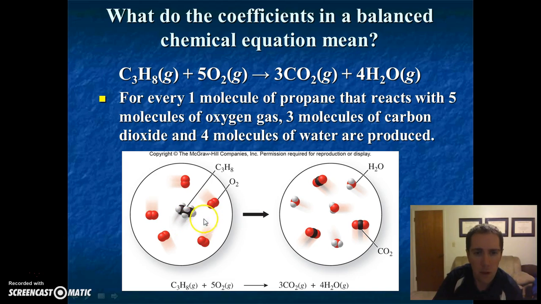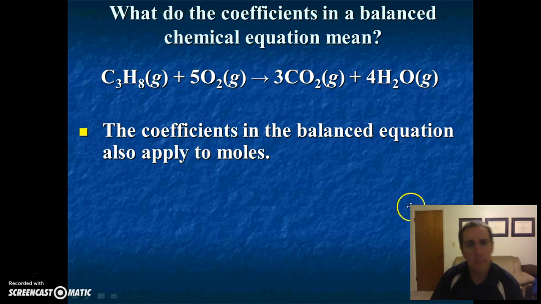For every 1 molecule of propane, C3H8, it's going to react with 5 molecules of oxygen gas, and it's going to make 3 molecules of carbon dioxide and 4 waters. But these coefficients not only apply to molecules, they also apply to moles.